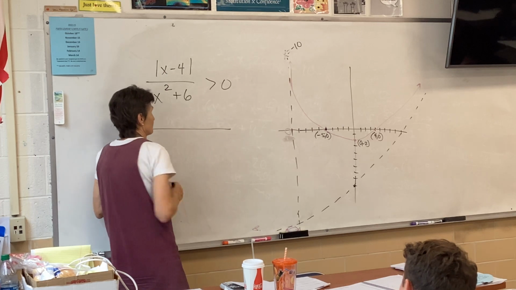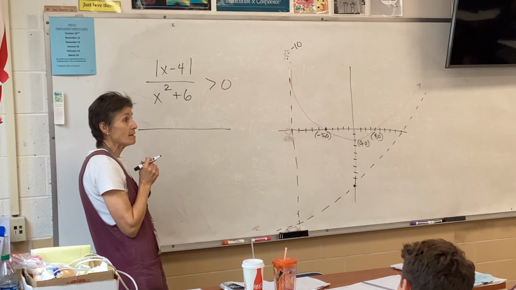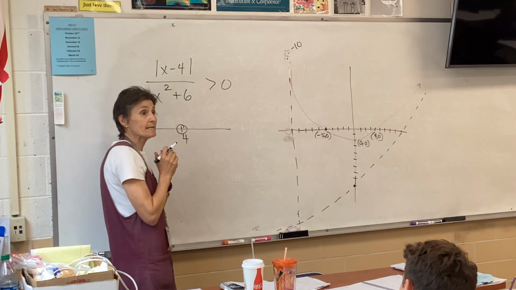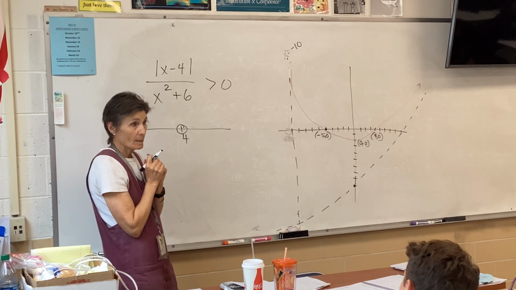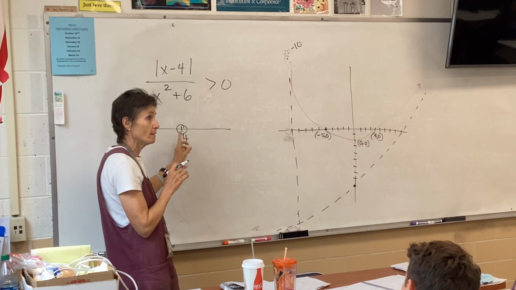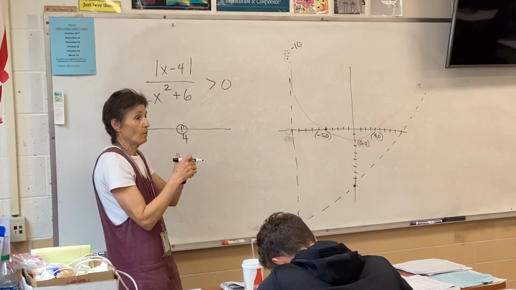Because, look at this on my number line. If I let x be 4, then the thing would actually equal 0, right? And I can't equal 0 in my problem, so I'm going to put an open circle at 4. That's what would make it equal 0.